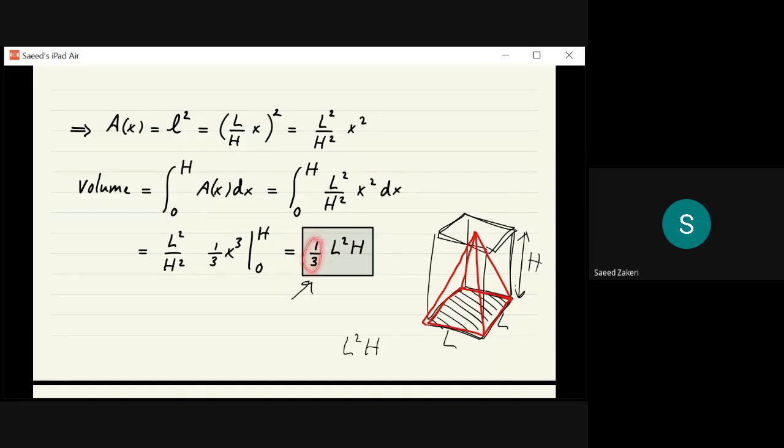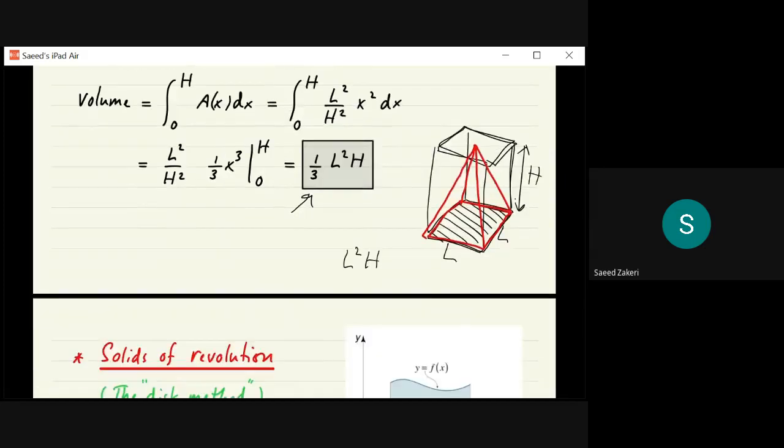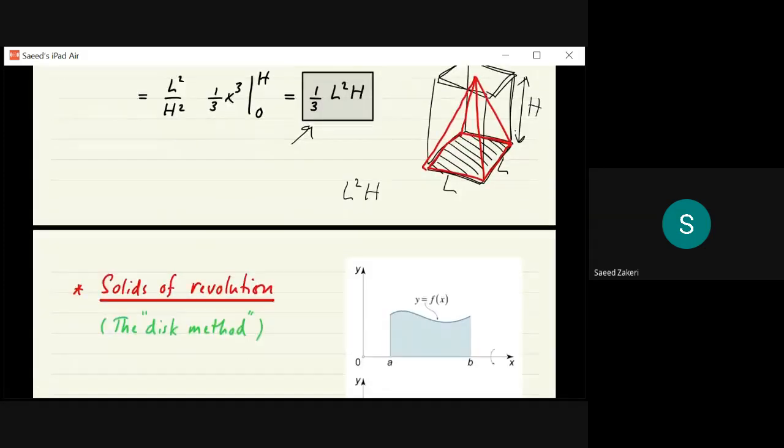That's how you interpret the formula. Okay? I'll clean up this picture later, but I hope it's clear.